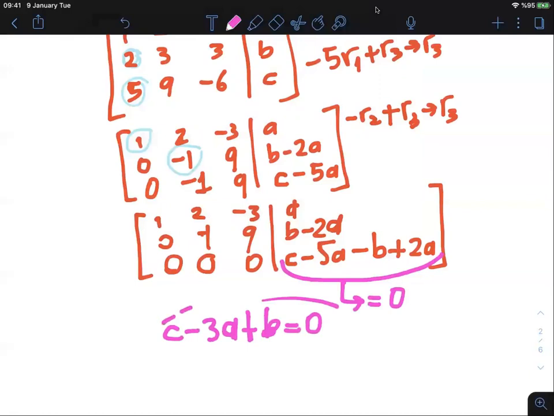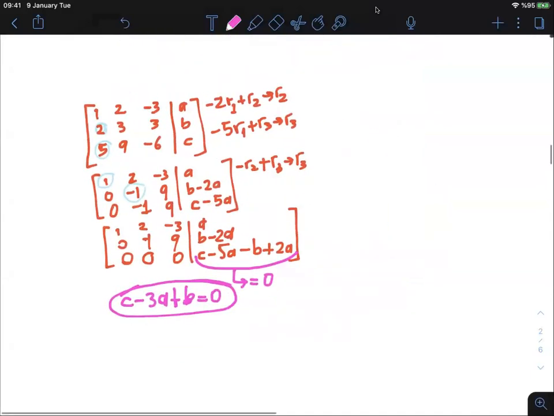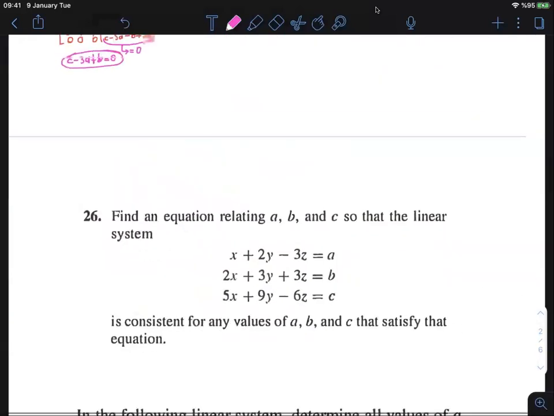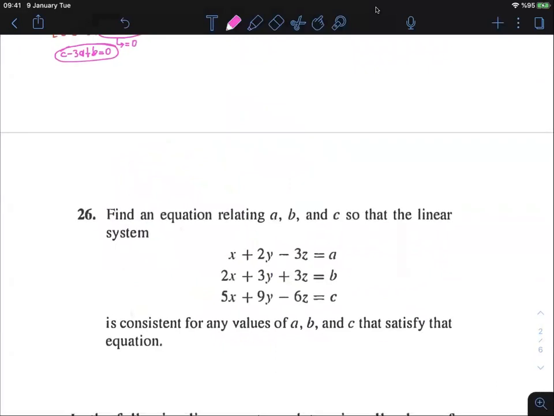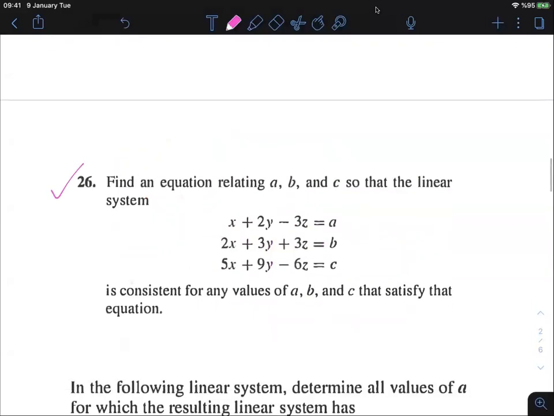So this is the condition for the system to be consistent. If this is not 0, then the system has no solutions. So that's the answer. Any questions? No?